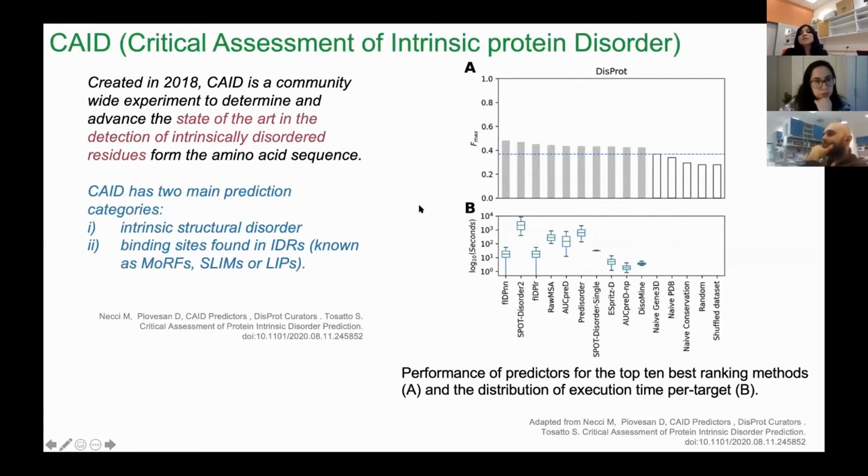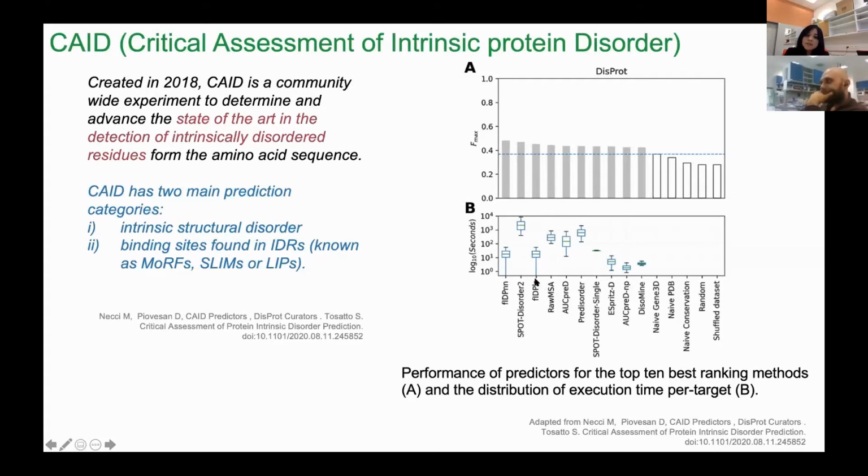And what I really want to point out in this slide is, if you want to predict intrinsic disorder, I recommend very heavily that you take a look at this site, at this experiment, because they will publish the results. And the first experiment led to these results.